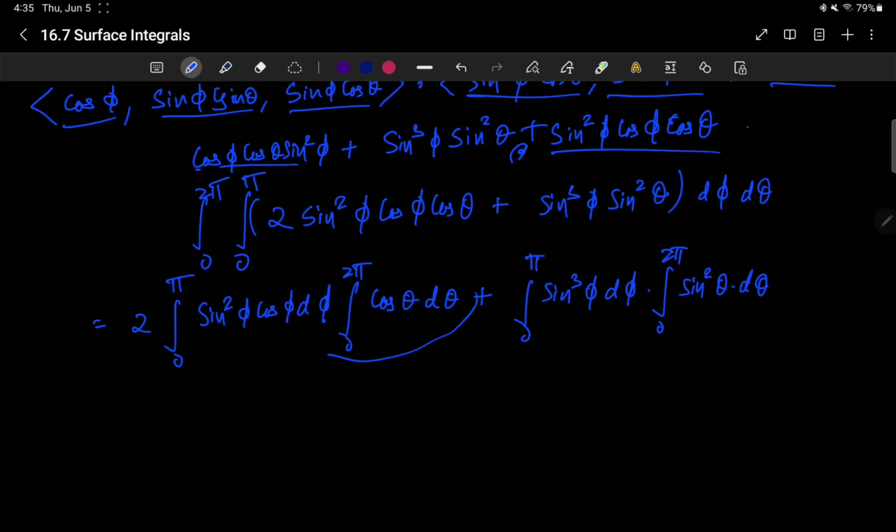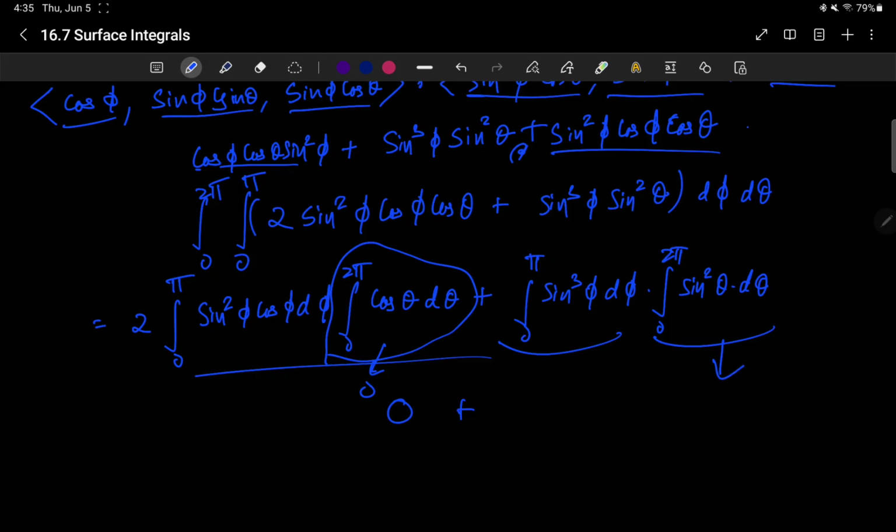Now the first part is 0 because you get sine theta, and then sine 2 pi and sine 0 are both 0. So this whole thing is 0. So we're left with this and this.